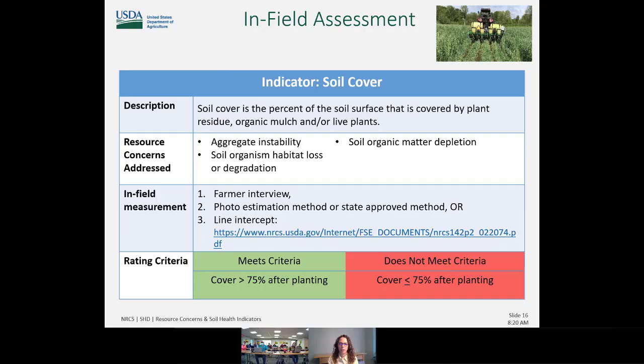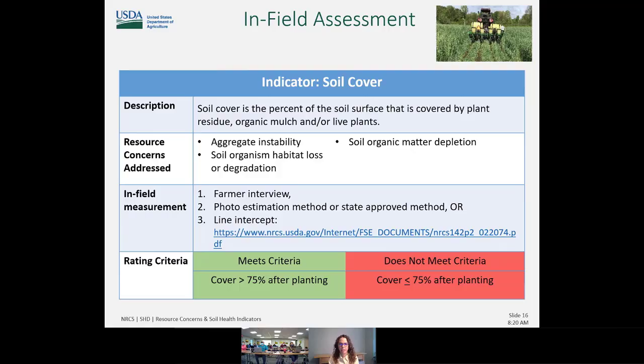And here we have also linked the line intercept method, which is essentially laying a transect with a measuring tape and calculating how many intersections you have with particles of crop residue. So that can be another, more quantitative method of determining soil cover.